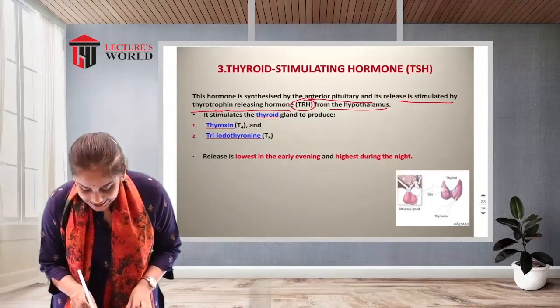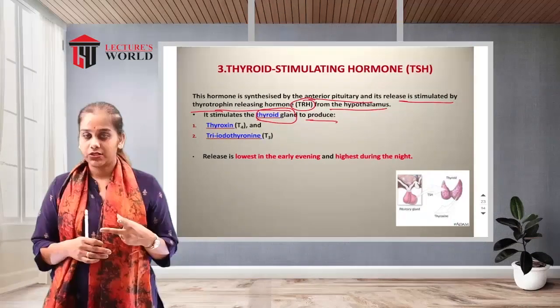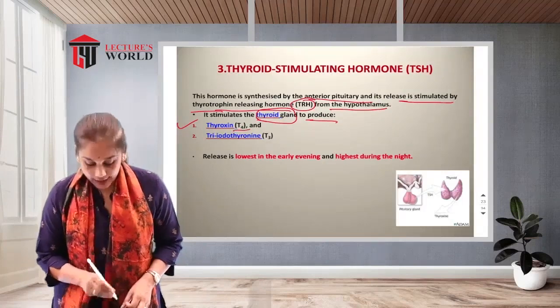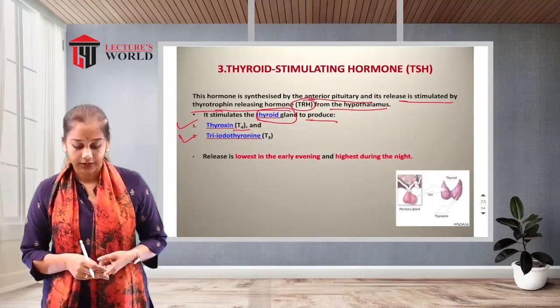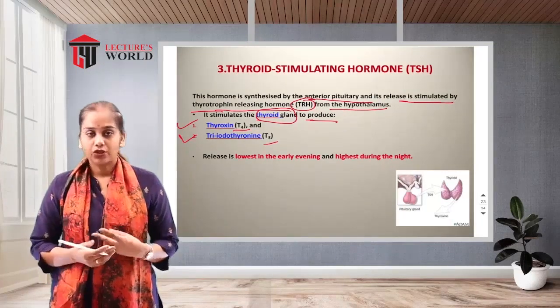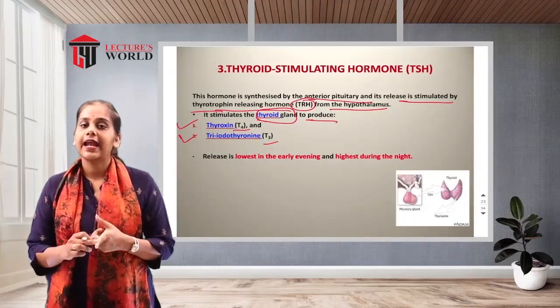It stimulates the thyroid gland, and they produce two major hormones: thyroxine, known as T4, and the second one, triiodothyronine, known as T3. So two major hormones are secreted by the thyroid gland, T3 and T4.